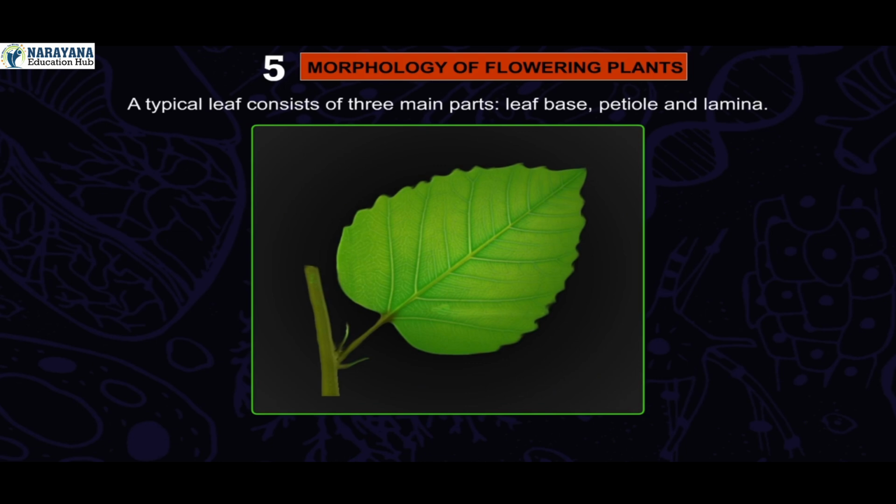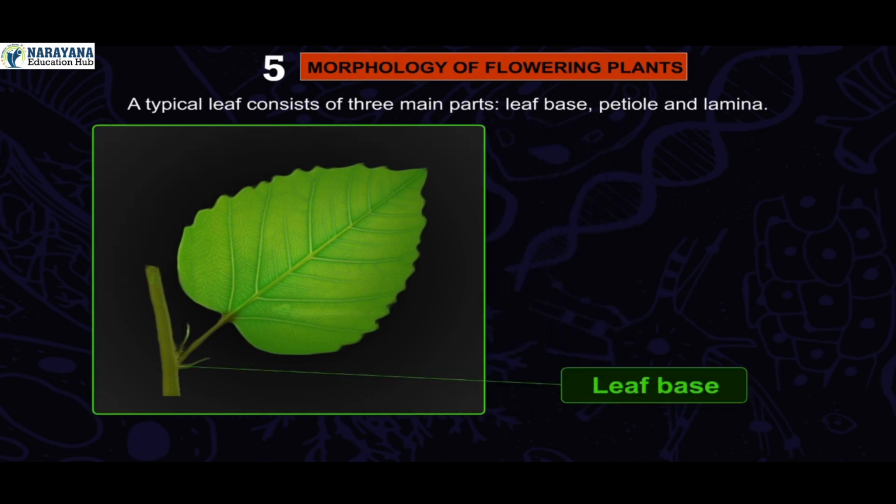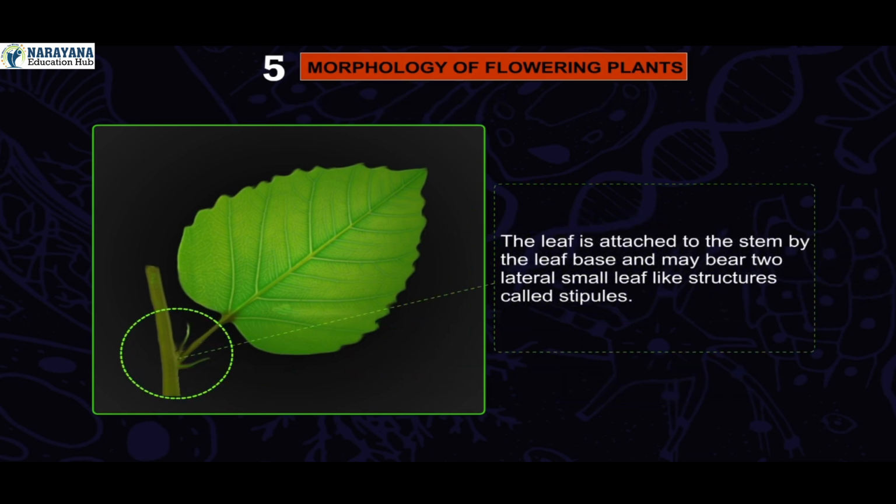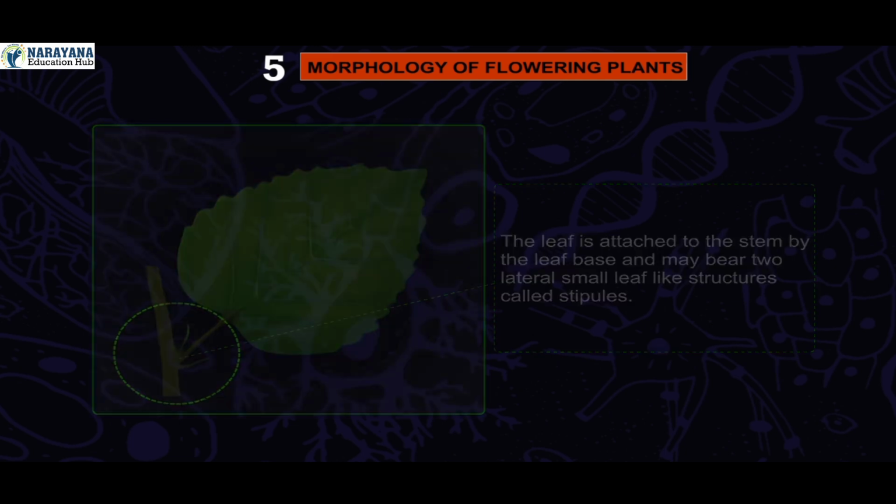A typical leaf consists of three main parts: leaf base, petiole, and lamina. The leaf is attached to the stem by the leaf base and may bear two lateral small leaf-like structures called stipules.